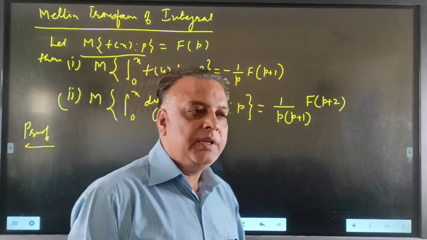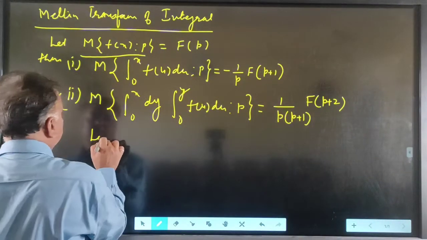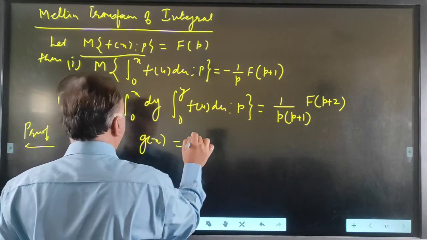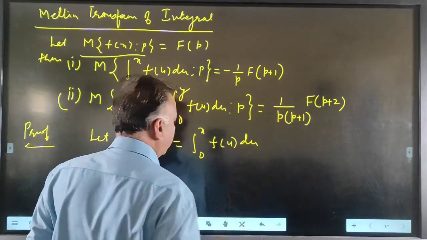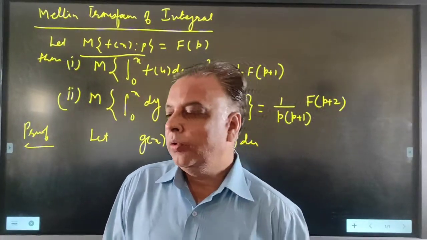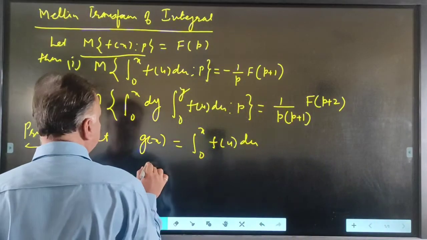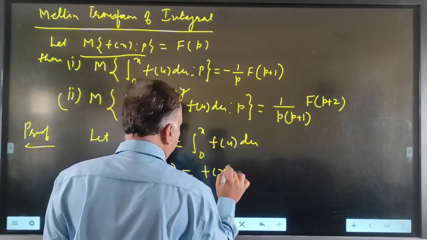For the proof of this result, we will use the definitions of the Mellin transform. First, let g(x) be the integral from 0 to x of f(u) du, the integral whose Mellin transform we have to find. Then differentiating, we get g dash of x is equal to f(x).